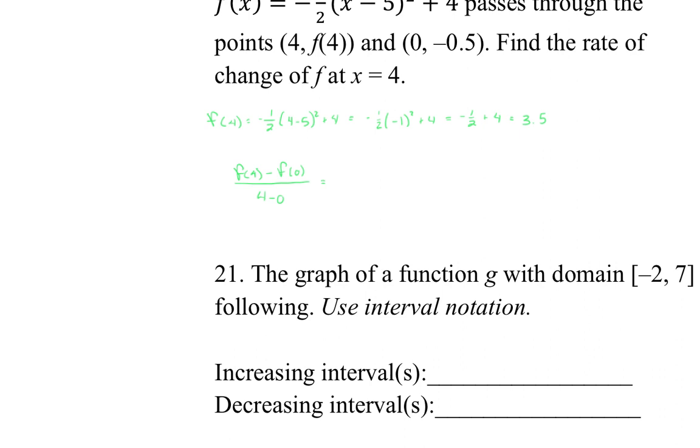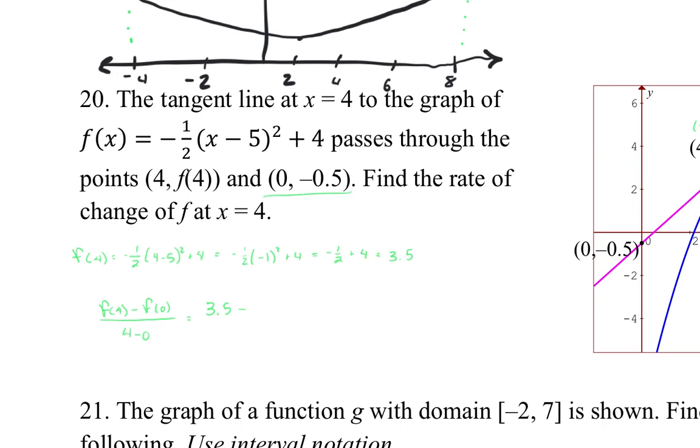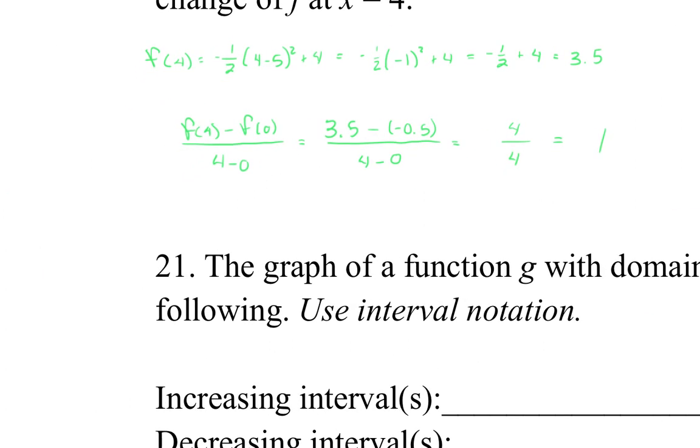Like we did earlier, we already know that f of 4 is 3.5, minus, our question gives us that f of 0 is negative 0.5, whole thing over 4 minus 0. Now 3.5 minus negative 0.5 is the same as 4, and 4 minus 0 is the same as 4. So then our average rate of change is 1. So let me write that out. Rate of change equals 1.